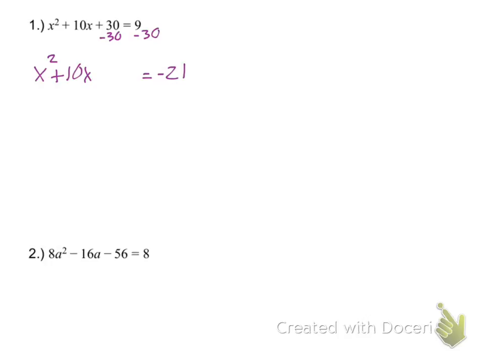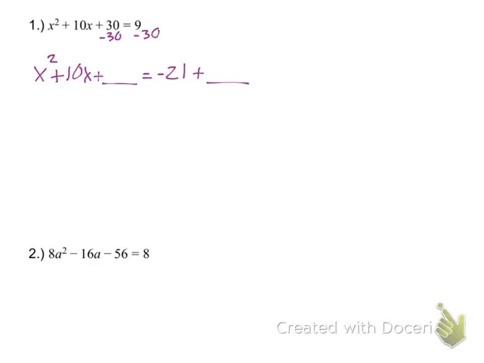I'm jumping over step 2, thinking about step 3. What was step 3? Add something to both sides. I left the intentional space knowing I needed to add something, aka complete the square.